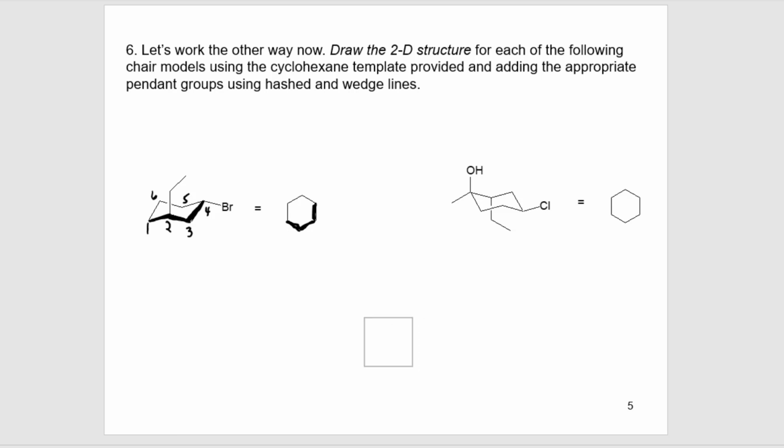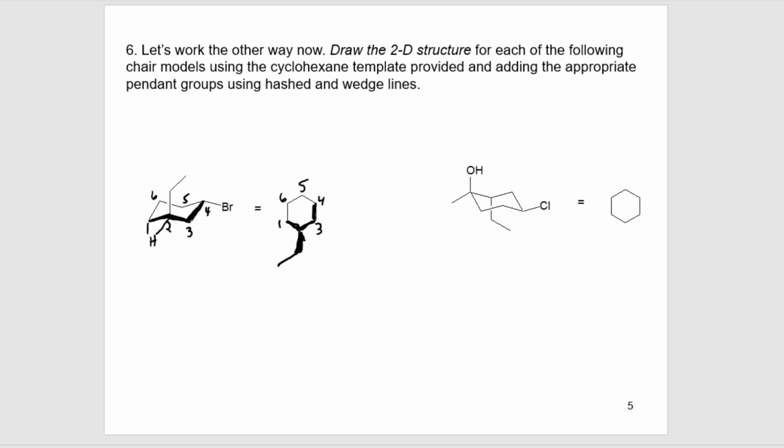And since I started highlighting at 1, I'm going to try to map it like so. Now carbon 2, feel free to draw in the missing bond. That one's a hydrogen. So relative to the hydrogen, that ethyl is axial and it's up relative to the hydrogen. So at 2, I have to draw a wedge ethyl.